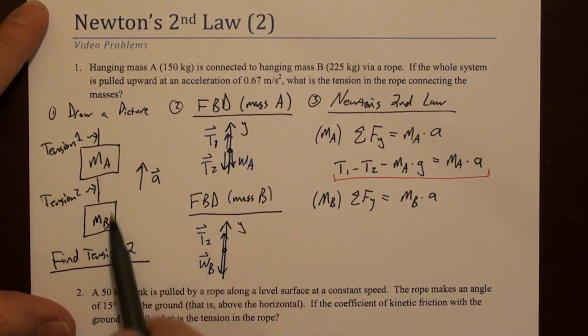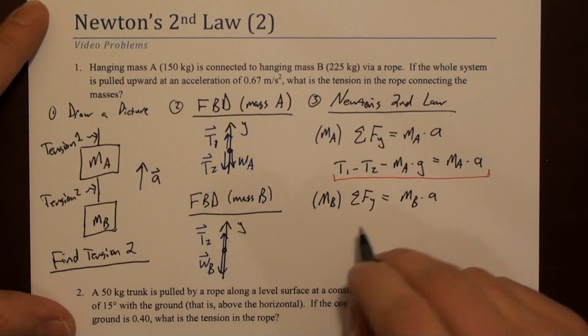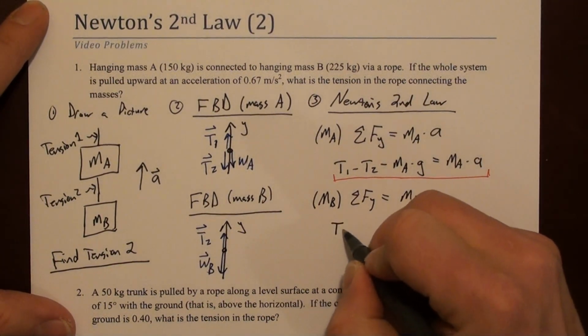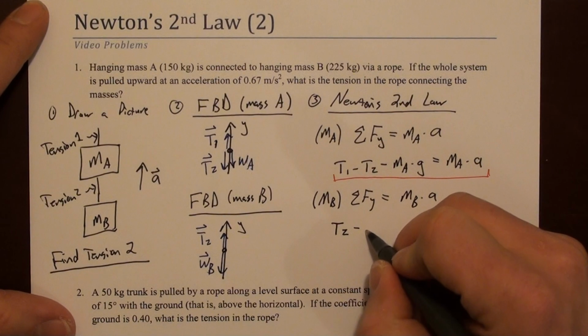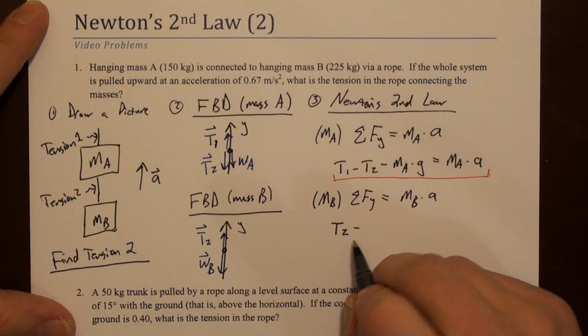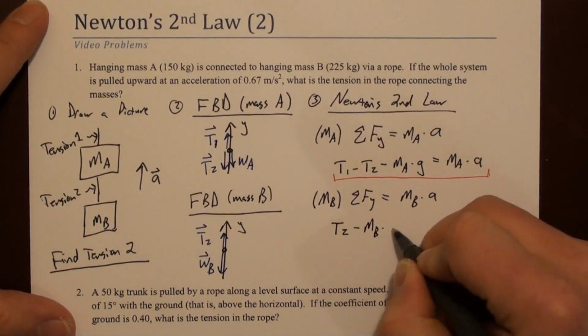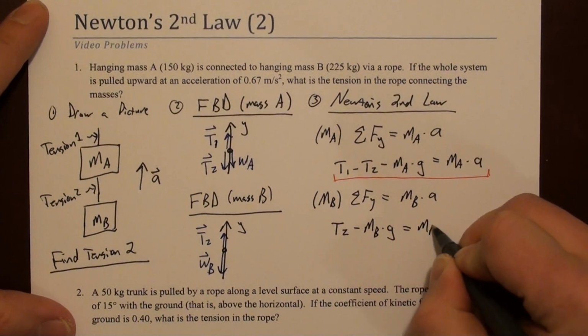Right, it's the same acceleration for both blocks. And for mass B, we have T2 minus the weight of B. The weight of B is MB times G. So T2 minus MB times G equals MB times A.